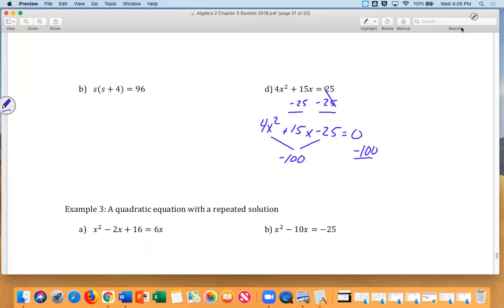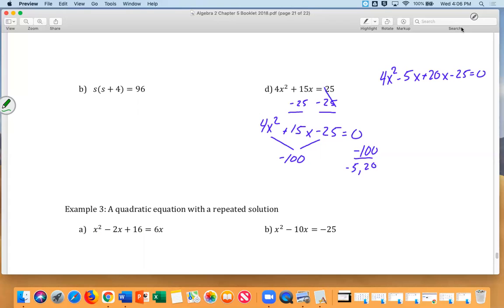Well, I can kind of see it right out the gate. It's going to be negative 5 and 20. So 4x squared minus 5x plus 20x minus 25 equals 0. I could have flipped that around, but I didn't.